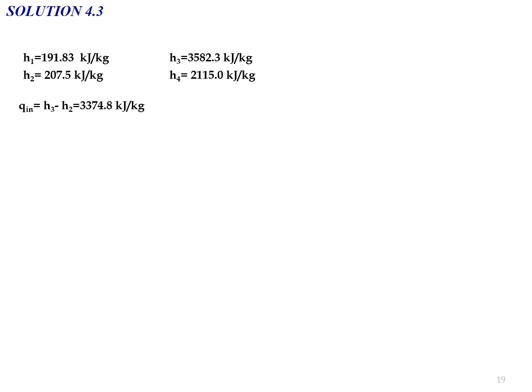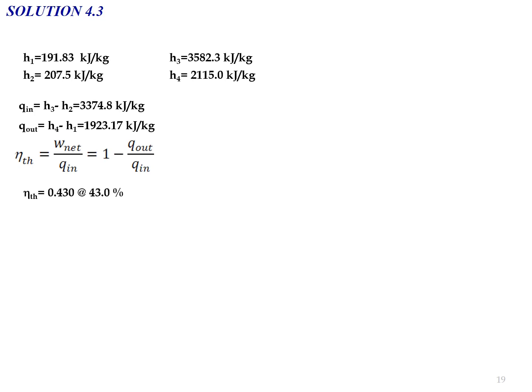Recalculate the value of Q in. So Q in equals 3374.8 kJ/kg. Q out equals H4 minus H1 equals 1923.17 kJ/kg. Substitute into the thermal efficiency equation. So we get the thermal efficiency for question C equal to 0.430 or 43%.